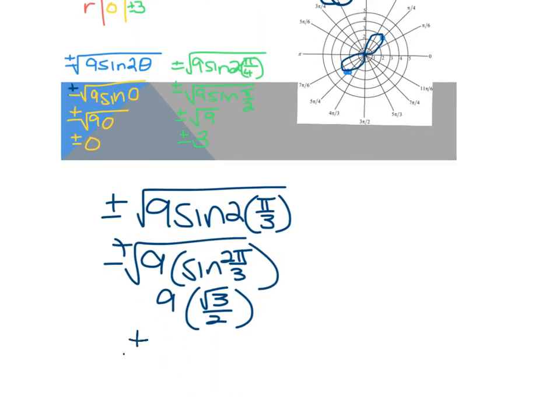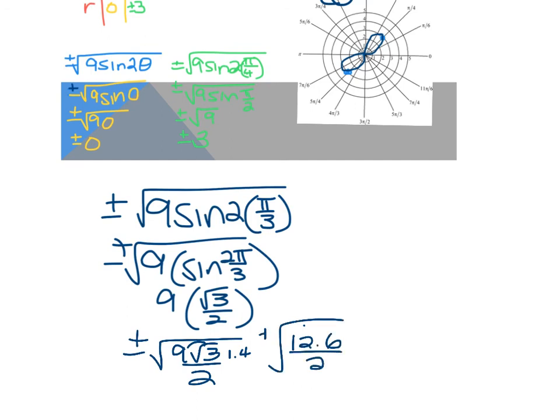So I get plus and minus the square root of 9 root 3 over 2. So in a situation like this, you would want to be able to use a calculator to find that or estimate it. Okay, if I multiplied these two together, this is approximately 1.4, we said. So 9 times 1.4 is 12.6. Put that over 2. 12.6 divided by 2 is 6.3.